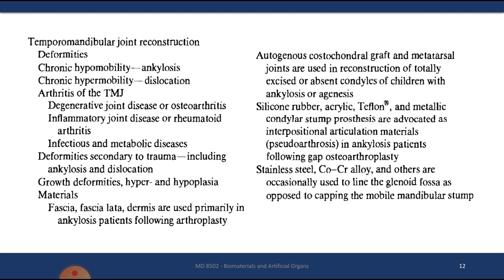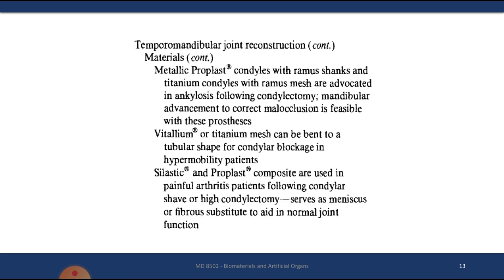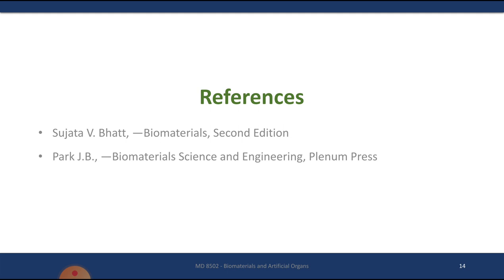And the materials are silicone, rubber, acrylic, Teflon and stainless steel, cobalt chromium alloy. All these things are used for this application. And there are also Vitallium, Silastic, Proplast, titanium mesh, all these things are used. You can refer to all this in your textbooks 1 and 3. So yeah, with this I'll stop this lecture.